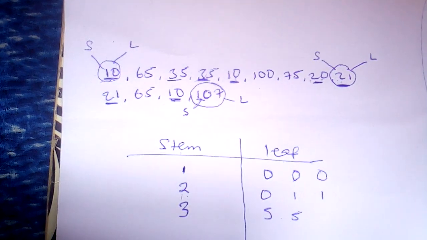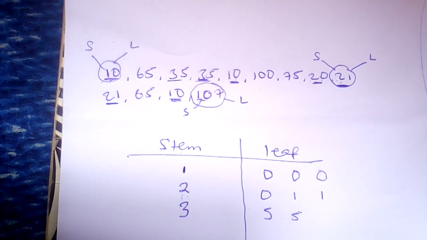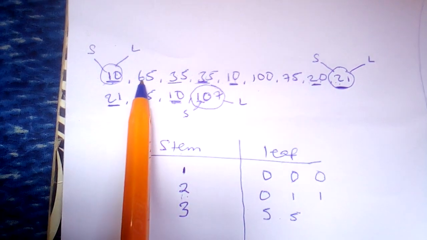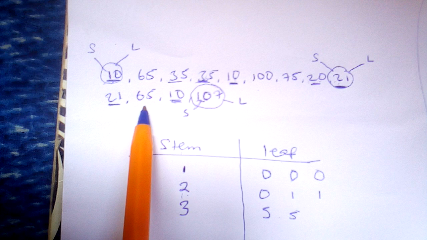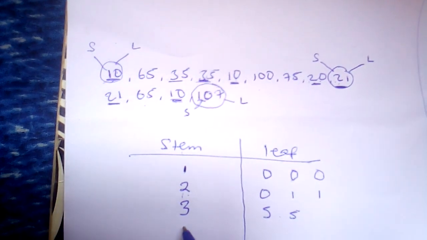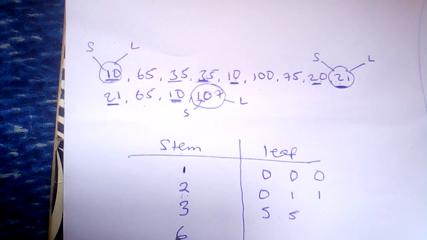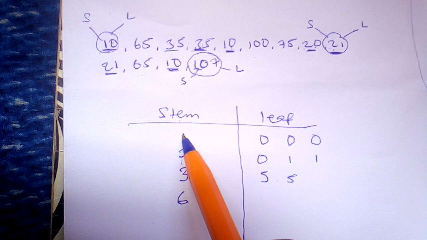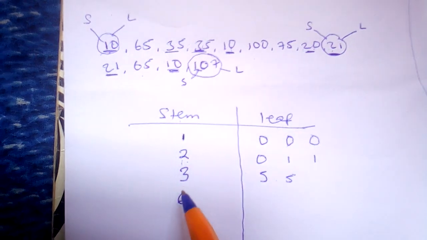So the next thing I have to do is look at the next smallest number. My next smallest number is 65. 65 and 65, as you can see. So I'm going to put a 6 here. You don't have to write 1, 2, 3, 4, 5.